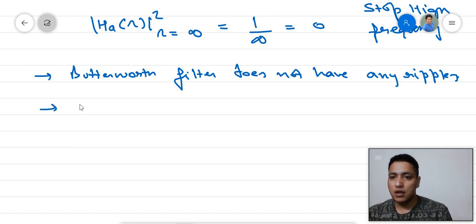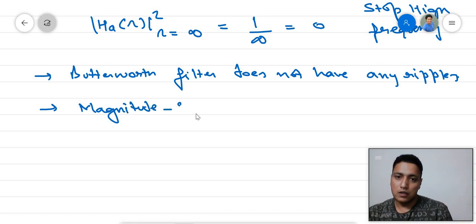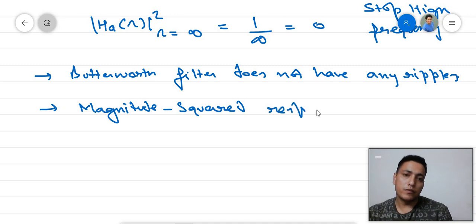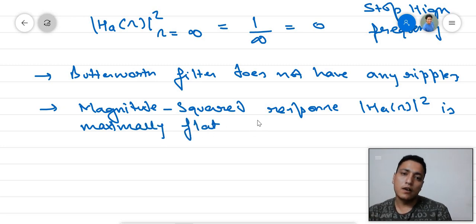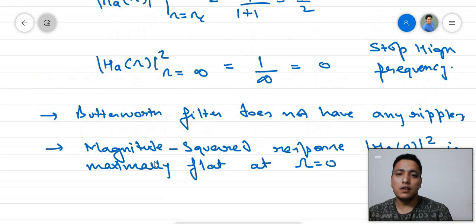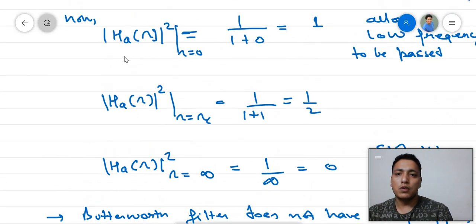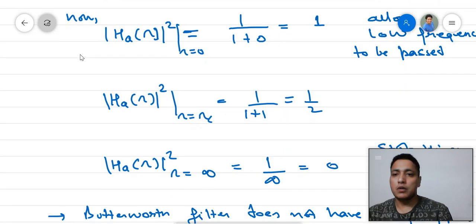The second point is that the magnitude squared response |HA(omega)| squared is maximally flat at omega equal to 0, as we have seen that at omega equal to 0, |HA(omega)| squared is equal to 1.